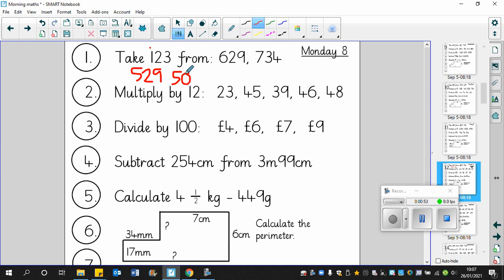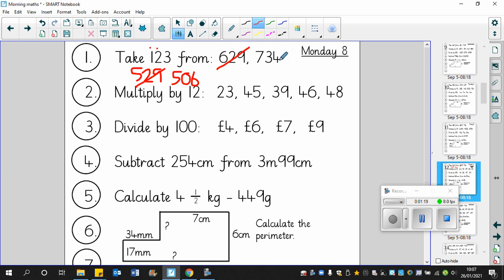And now we take away 3. So 9 take away 3 is of course 6. So 629 take away 123 is 506. Okay, so we've done that question.